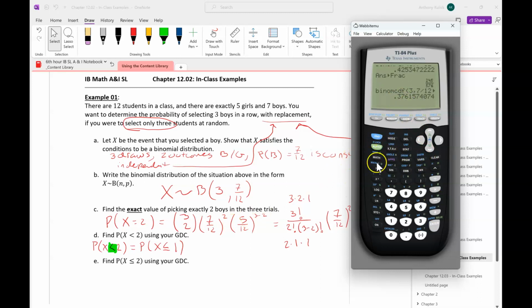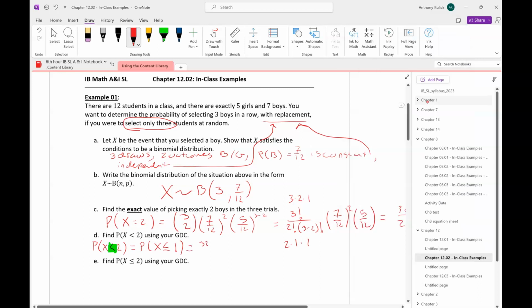And if it wanted an exact value, if you do math and then fraction, it'll give it to you as a fraction. 325 out of 864. Or you could give it rounded to 3 decimal places. Does that feel okay?